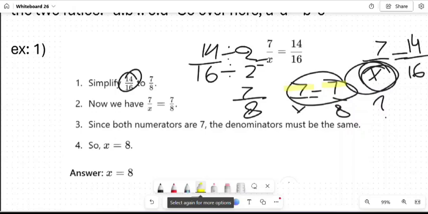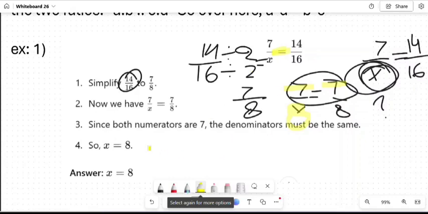Why? You might wonder why they cannot be different, it can be 14, 15, anything. But the sign given is equal. So the numerators are already equal, and so shall be the denominators. So over here we can find out that 8 will be our denominator.